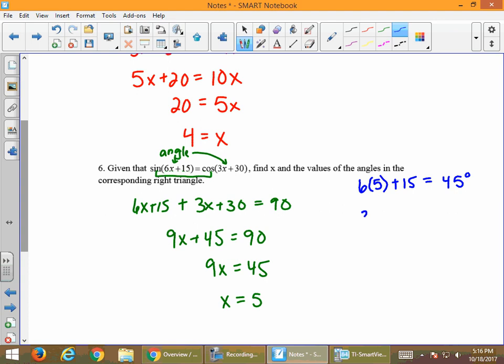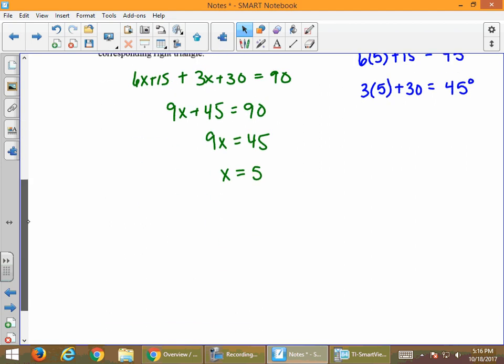And then 3x plus 30. Well, 3 times 5 is 15, plus 30 is 45 degrees. So these just so happen to not only be that the sine and the cosine are equal, it happens that the angles are actually the same as well. They're 45 degrees apiece.